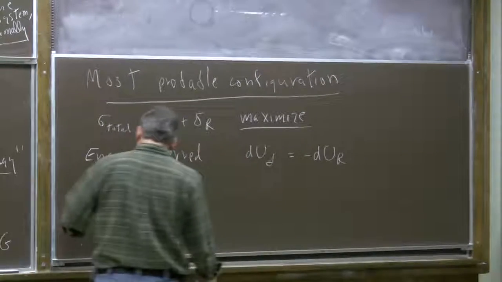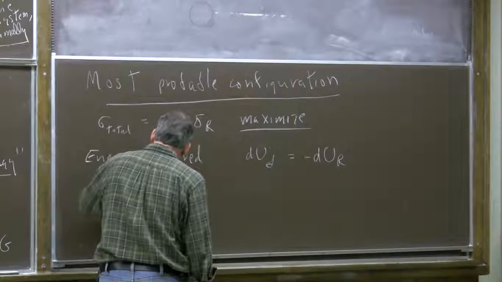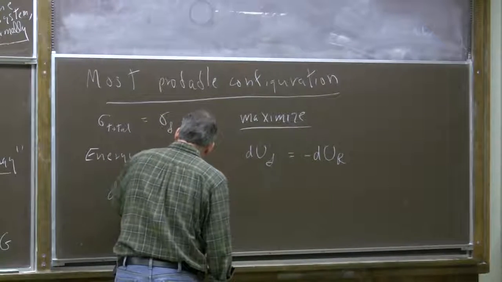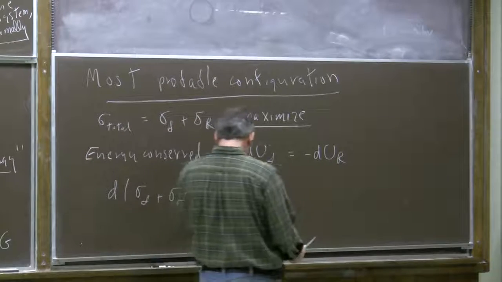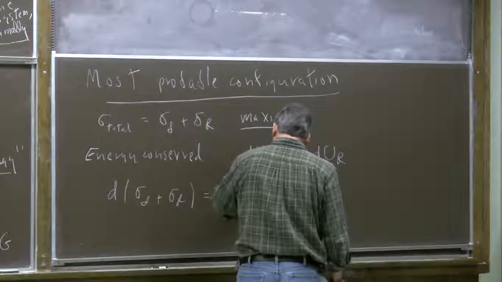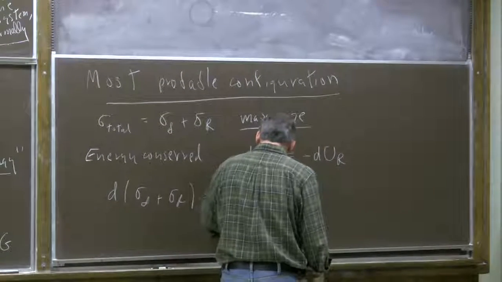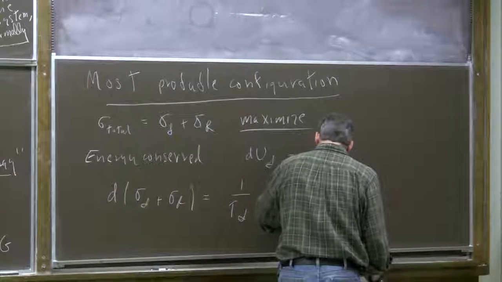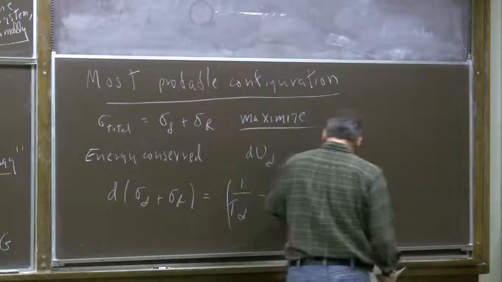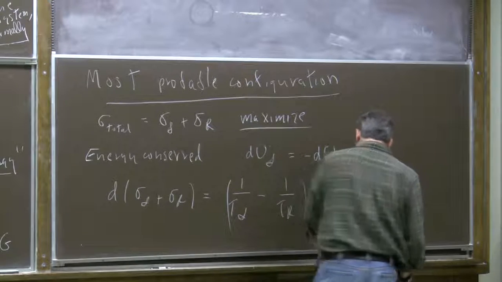So the condition for the total entropy to be stationary to first order in the change in the energy, we could write as 1 over the temperature of the system minus 1 over the temperature of the reservoir times the change in the energy of the system.